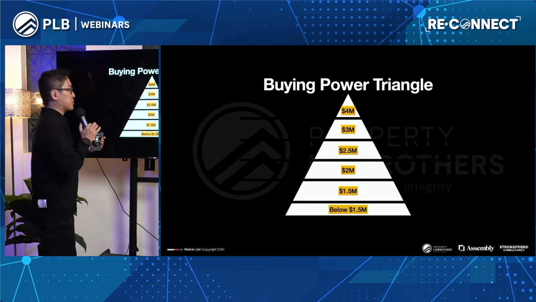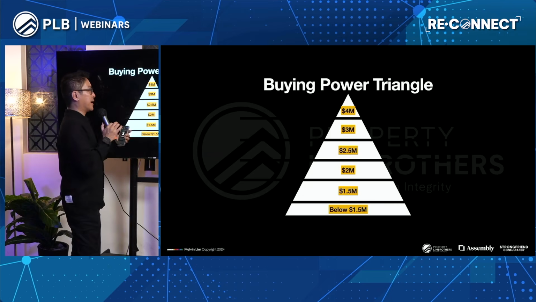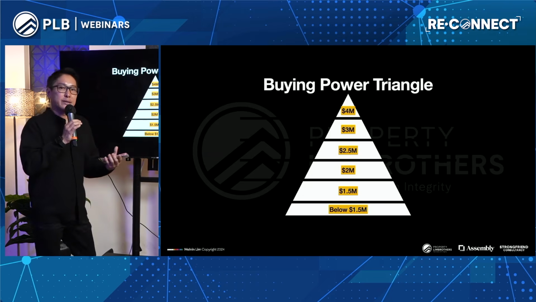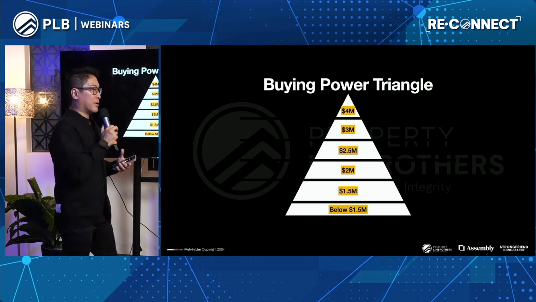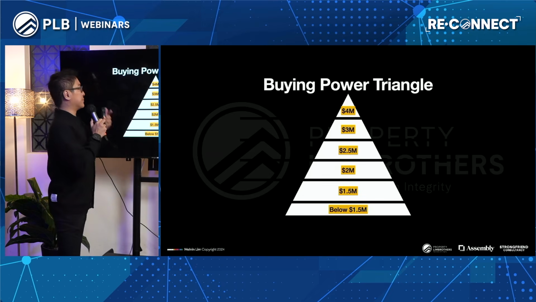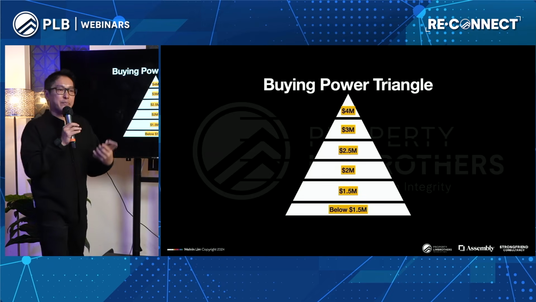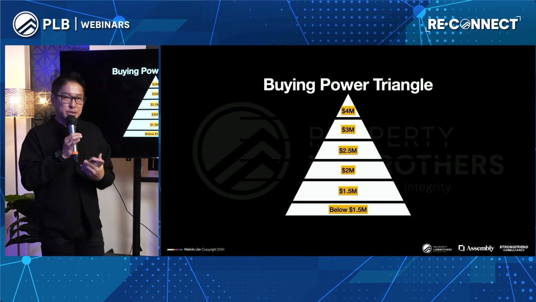But as compared to landed buyers, buying above 3 million or 4 million, or at the current moment 5 million, the pool will actually be bigger. A bigger market means that this triangle is very important when you're considering purchasing the right type of property over here.